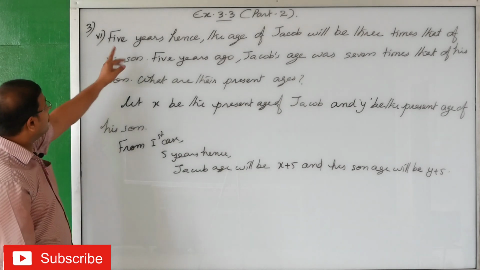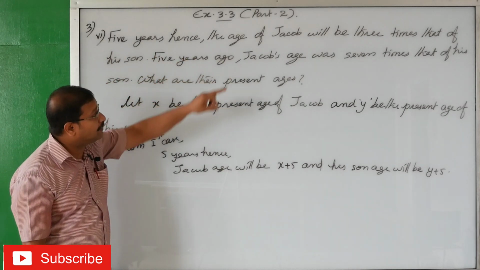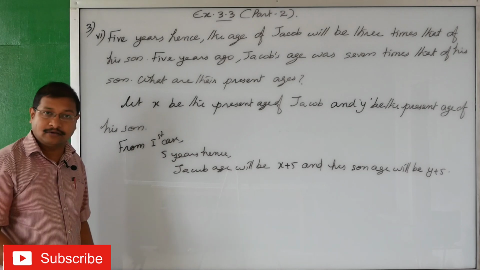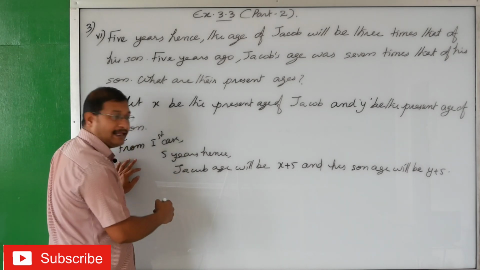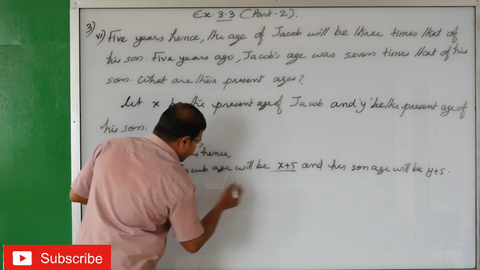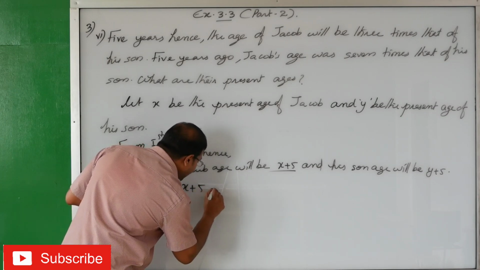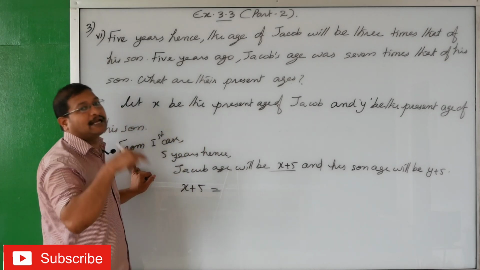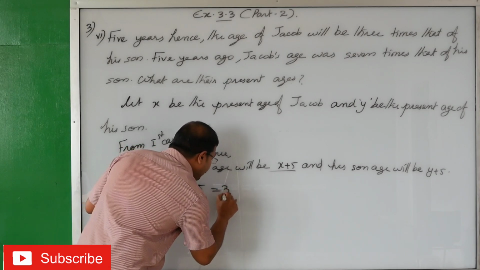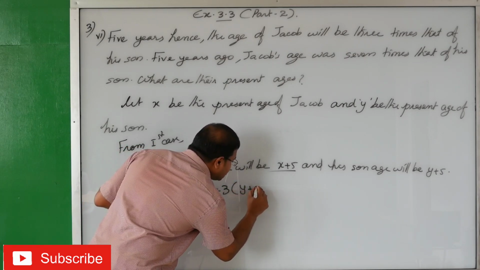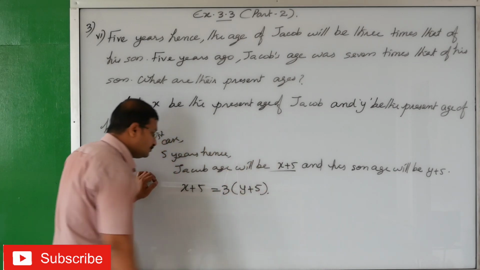But given in the question, 5 years hence, the age of Jacob will be 3 times that of his son. That means Jacob's age, X plus 5, equals 3 times the son's age, that is 3 into Y plus 5.